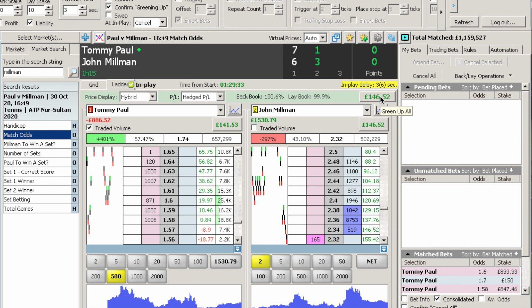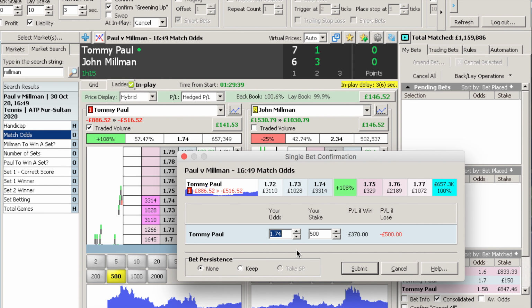Of course this puts my liability up, but also puts the potential profit right up. Millman's just had another strong hold, so once again I want to reduce my liability and lock in some profit. We're at 1.74. I don't want to back a stake of 500, as that's going to take too much money out of the market. So let's see the different options. I want to keep money in the market because there's obviously still quite a bit of a swing to be had here. 250 will reduce it down to £700 liability. 350 will be 627.